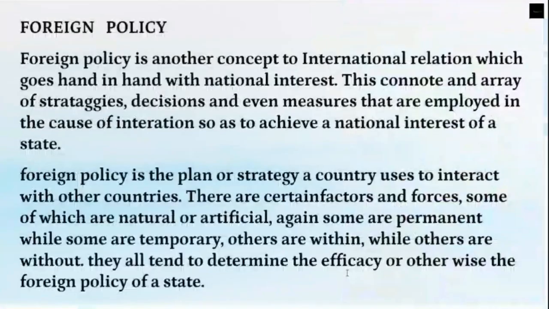Then we go to foreign policies. Like I said, this is the main thing we need to talk about. What is foreign policies? Foreign policies is another concept in international relations, which goes hand in hand with national interests. This connotes an array of strategies, decisions, and even measures that are employed in the course of interaction.